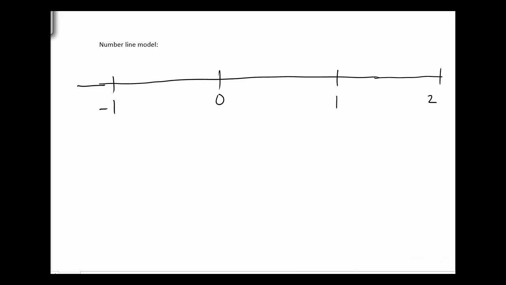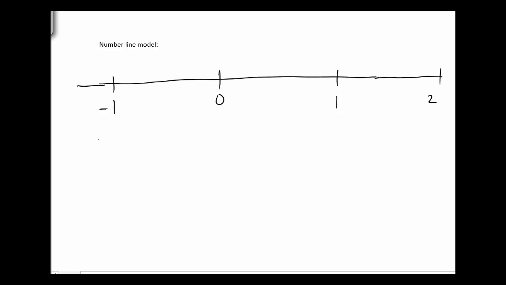Okay, in the number line model, we need to start off with a number line, so let me pause that real quick and then we'll look at what a number line is. When we talk about dividing a number line up, we have to start with how many pieces we want to divide it into, and then what we would name them.